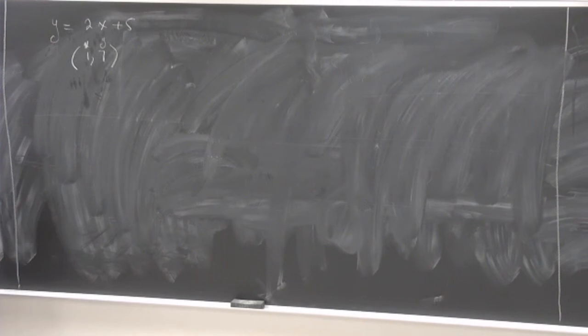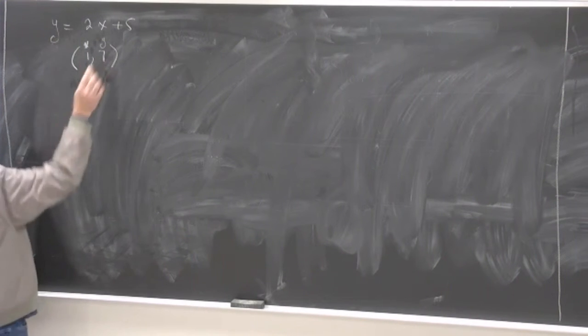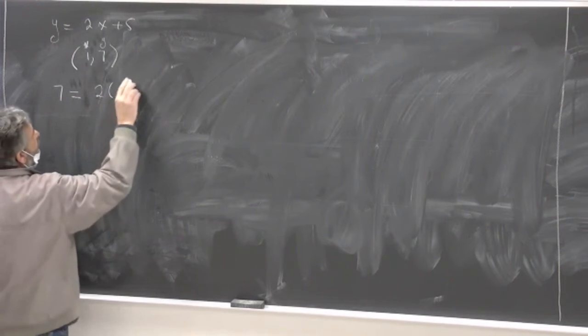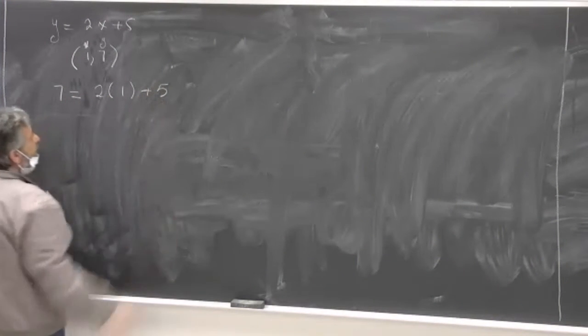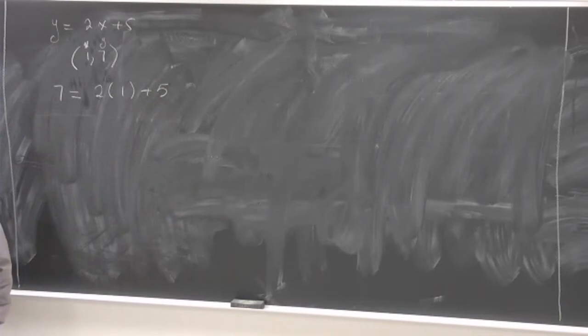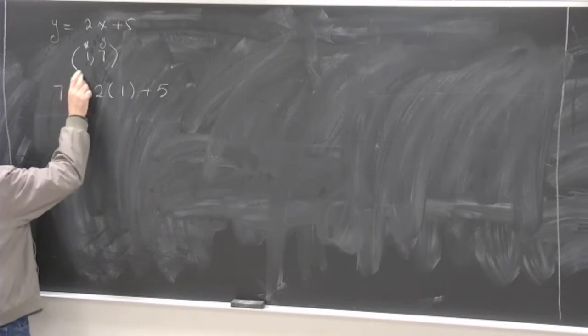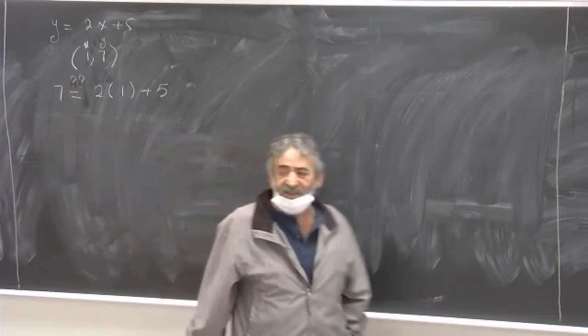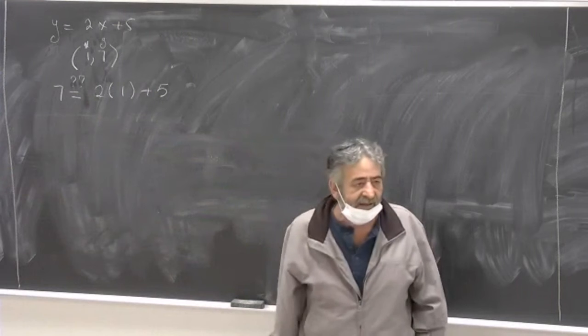So let's go ahead and do that. So y is 7. So 7 equals 2 times 1 plus 5. Now, we don't know yet if they are equal or not. Normally, when you're checking equality, you put a question mark on top of the equal sign.